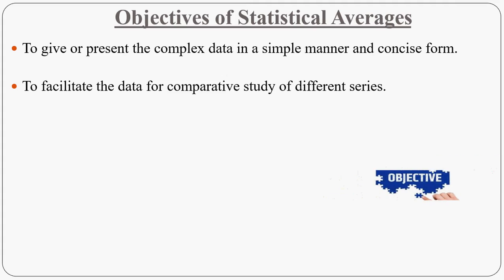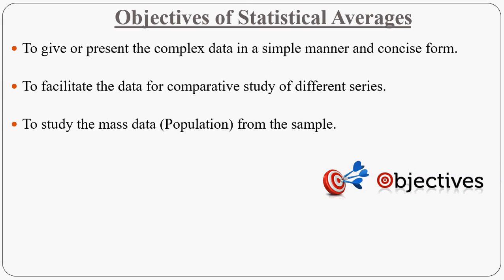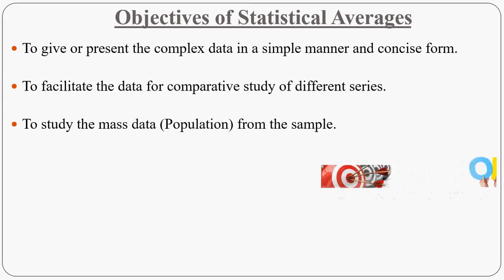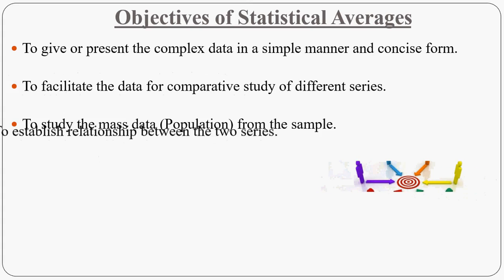Comparison will be very simple, and for making decisions it is also very essential. So this is the second objective. The third objective is to study mass data, the population, from the sample. We can take a sample from the population, and what the sample analysis talks about, we can understand with the help of statistical averages.